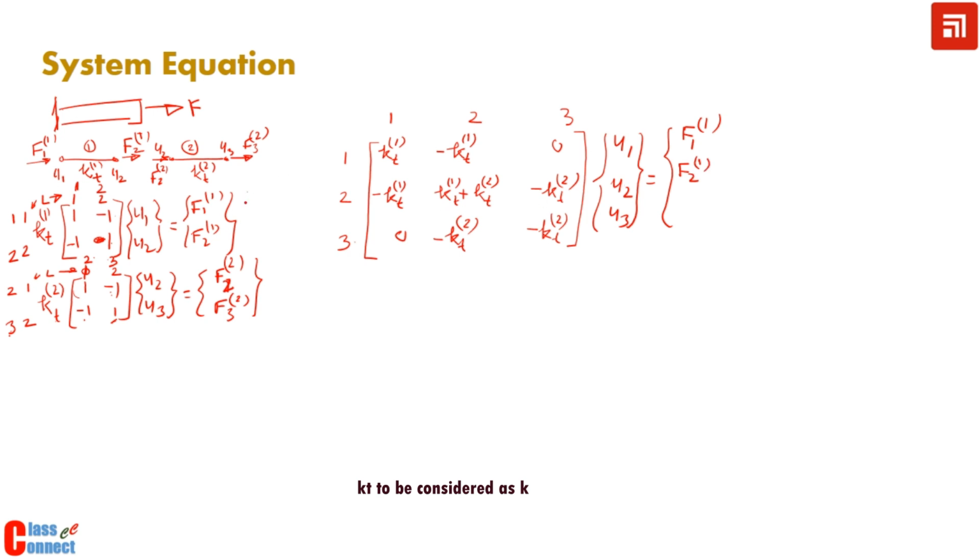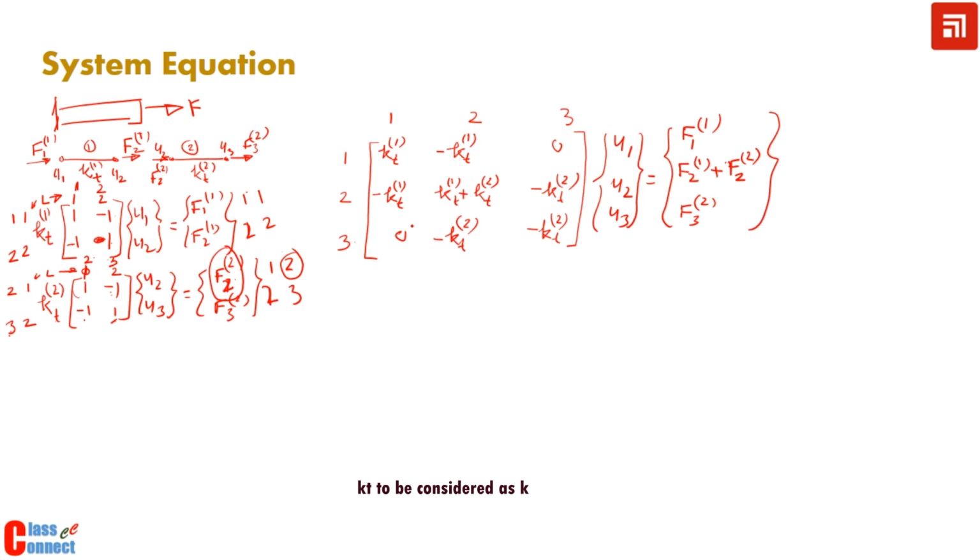This is the local number and this is the global number. So this will come at row 2, along with f2 at node number 2, and then f3 of the second element.